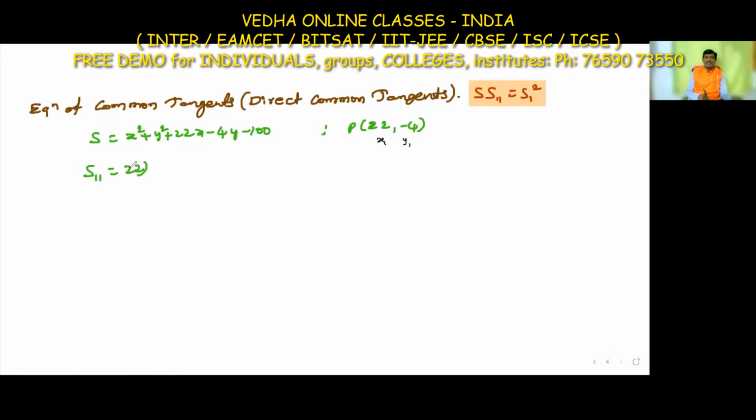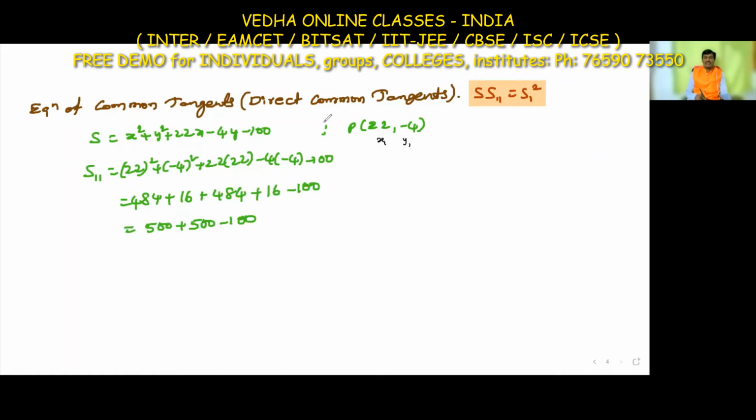That means 22 square plus minus 4 whole square plus 22 into 22 minus 4 into minus 4 minus 100. 22 square is 484, minus 4 whole square is plus 16, and minus into minus gives plus 16, and minus 100. 484 plus 16 is 500, 500 plus 500 is 1000, and minus 100 is 900. This is the S double one value.